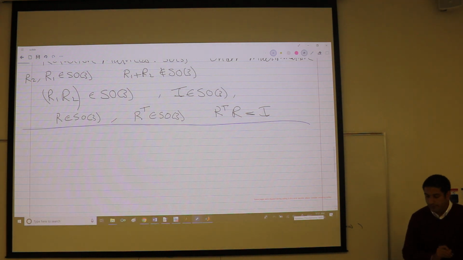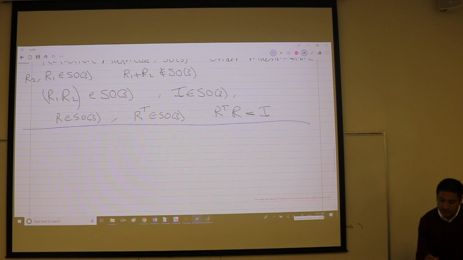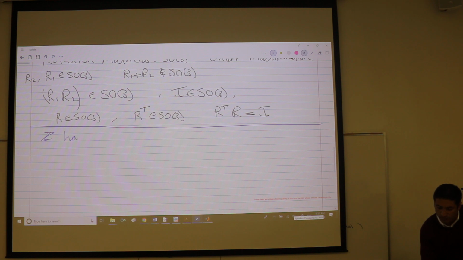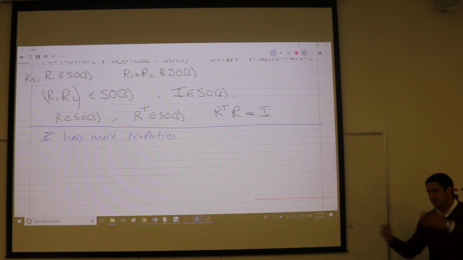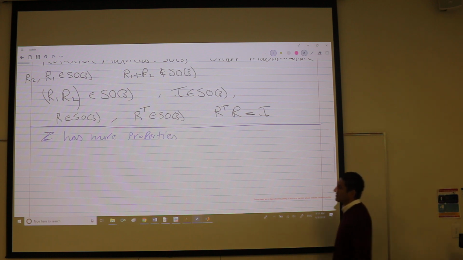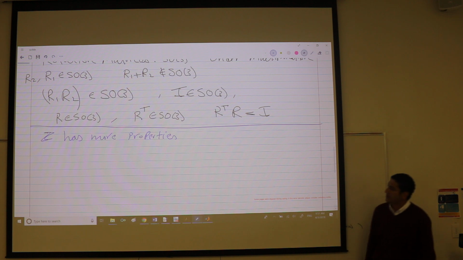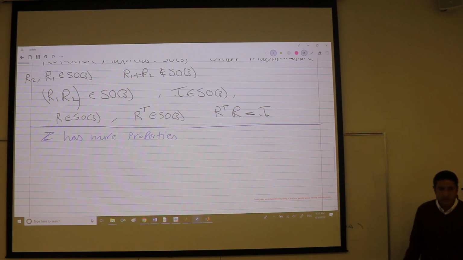So this is a group, but actually integers have more. Z has more properties. What? Yes, it's a group, so we can add, there's an inverse with respect to addition, and it has the 0 element and all of that, but we can also multiply, right?